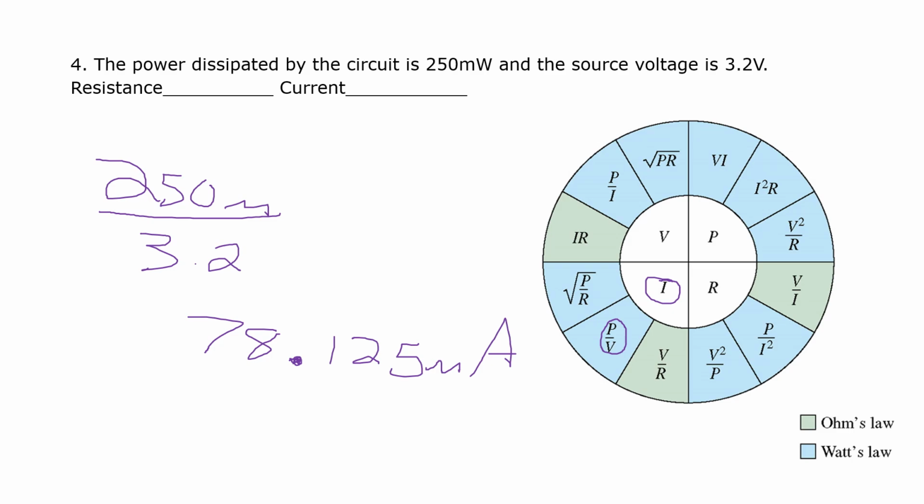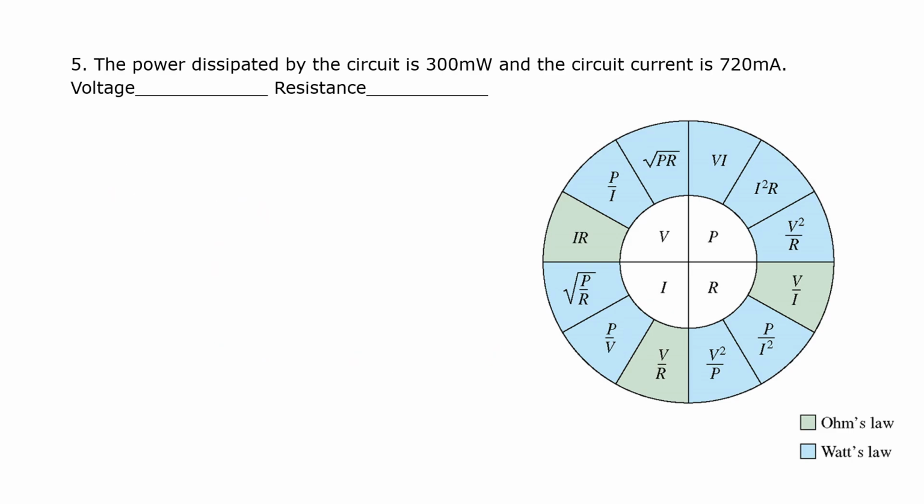Number 5, power and current, and now we're looking at voltage. So power and current. So if I could find where my marker is, there it is. Power and current.